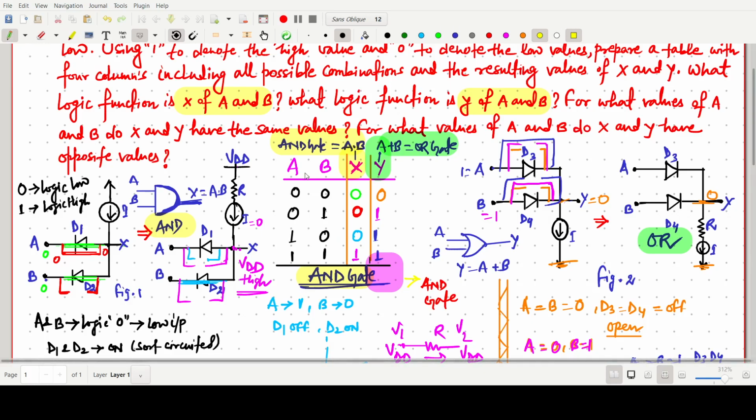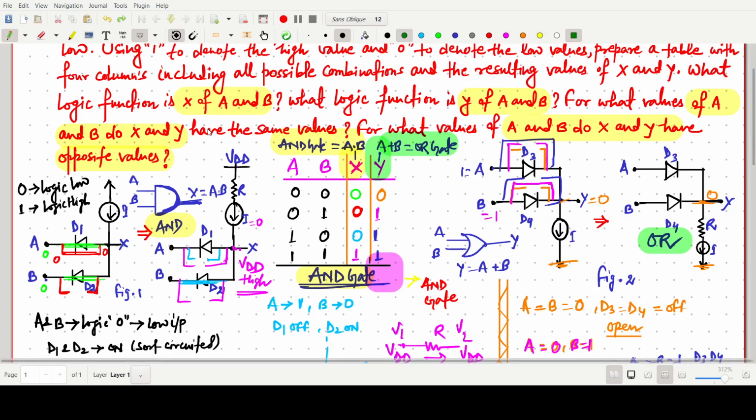Once again, for what values of A and B do they have the same value, and for what values do they have opposite values?